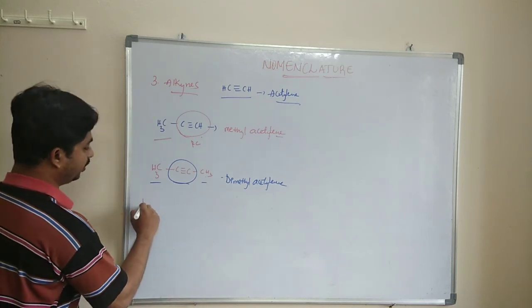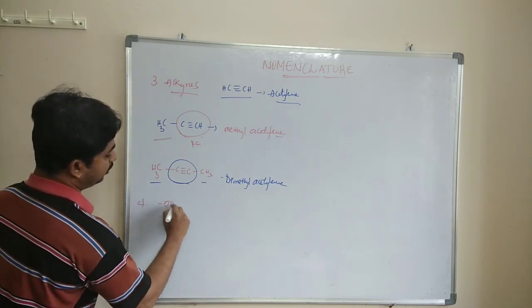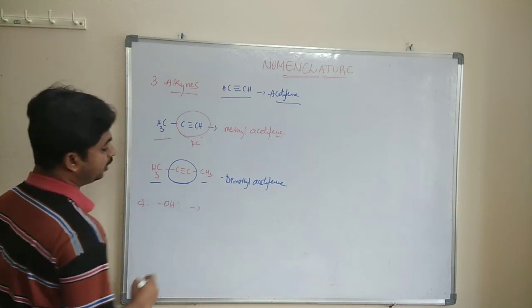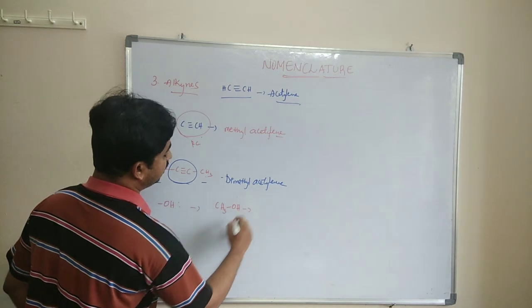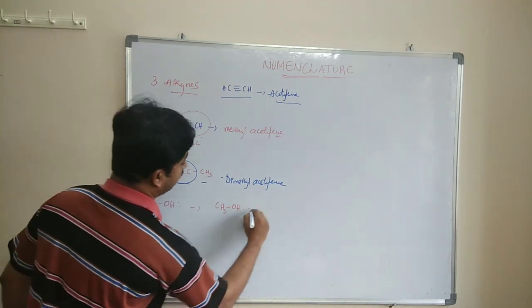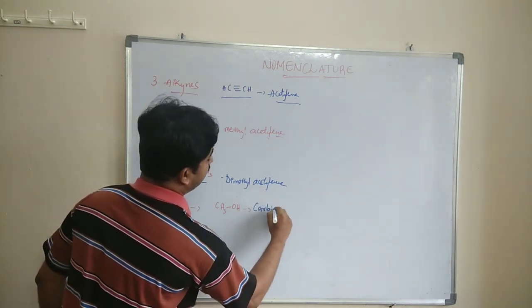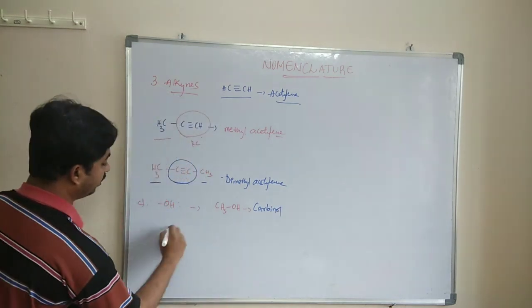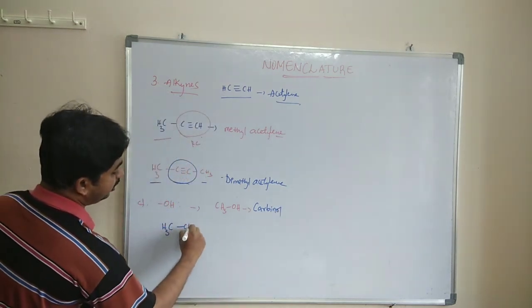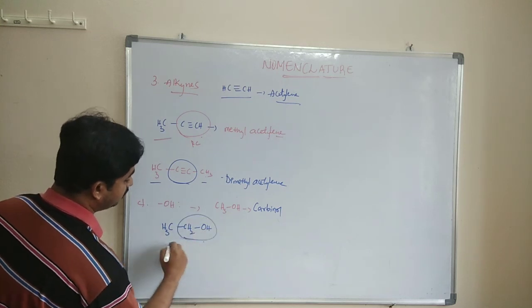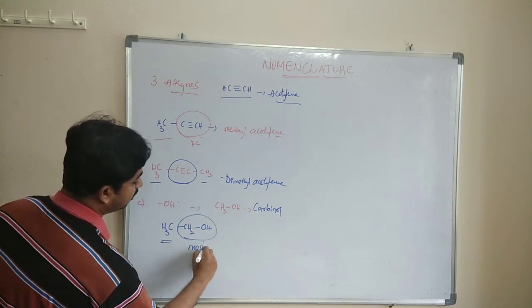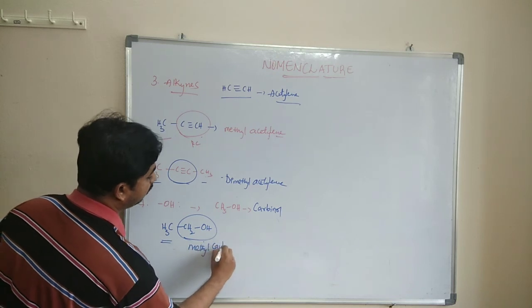Next functional group is OH. If OH is there, then the famous homologue is CH3OH. We can call it carbinol. Example: CH3 CH2OH. So the name of this one is methyl carbinol.